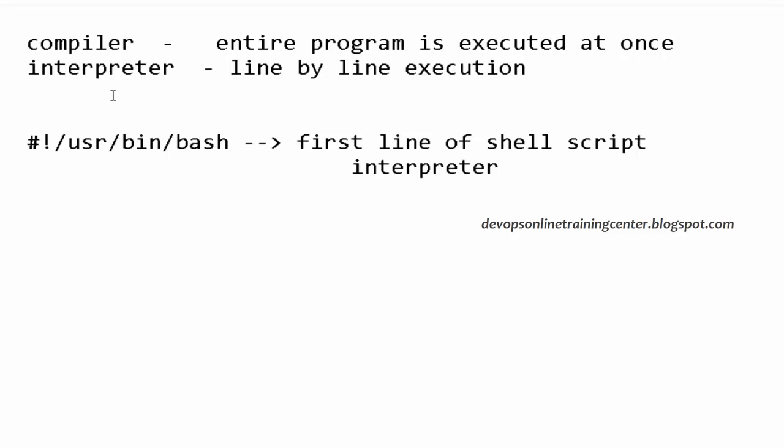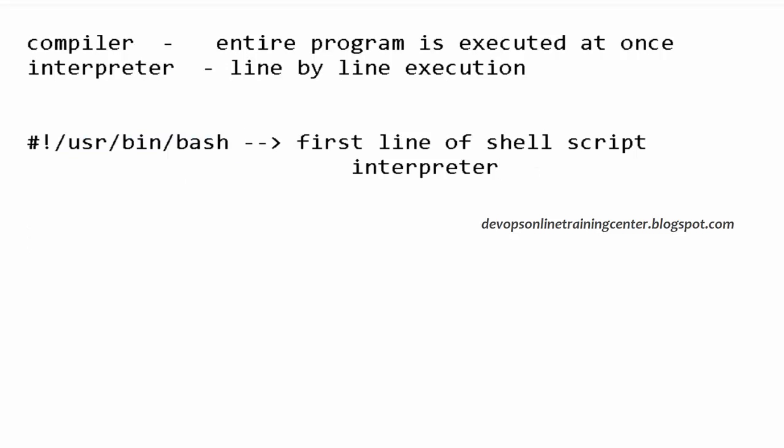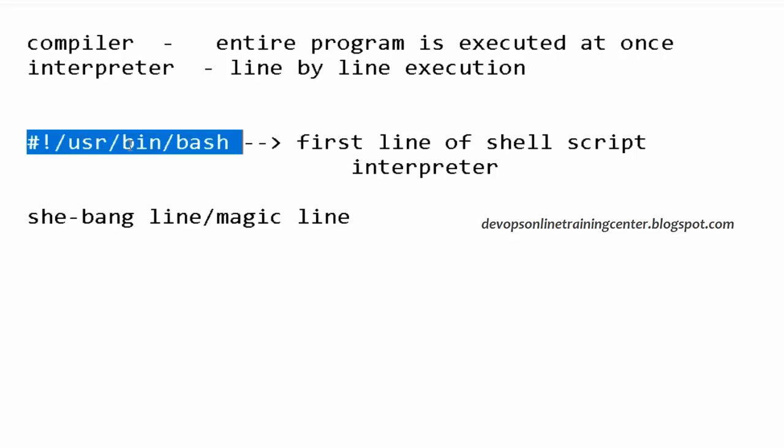This is called the first line, or magic line, or shebang line. It starts with hash, exclamation, and then the interpreter name.